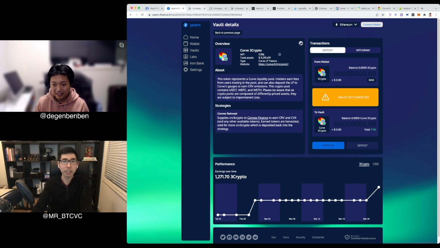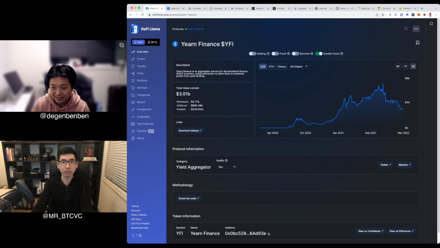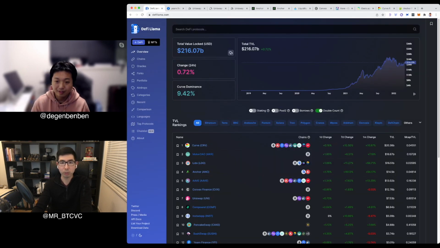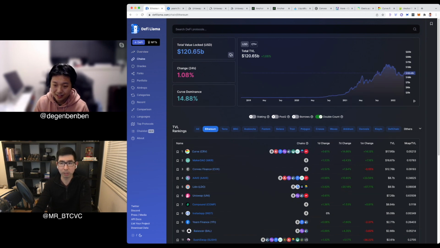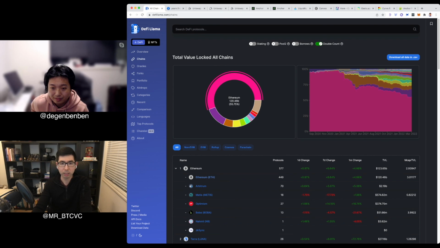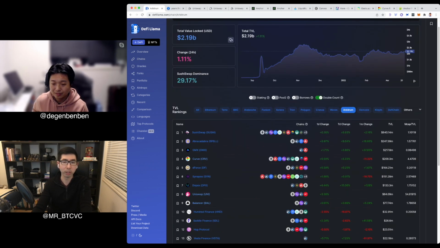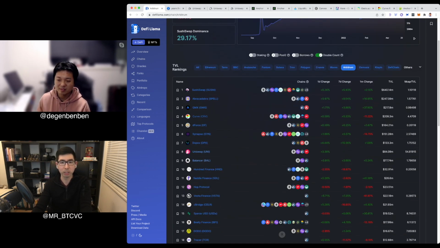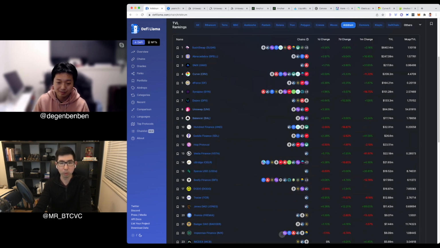So you can come back to DeFi Llama and go to the Ethereum layer twos like Arbitrum, and see which ones are there. You can see Curve is there, obviously Uniswap, Balancer, a lot of the protocols.